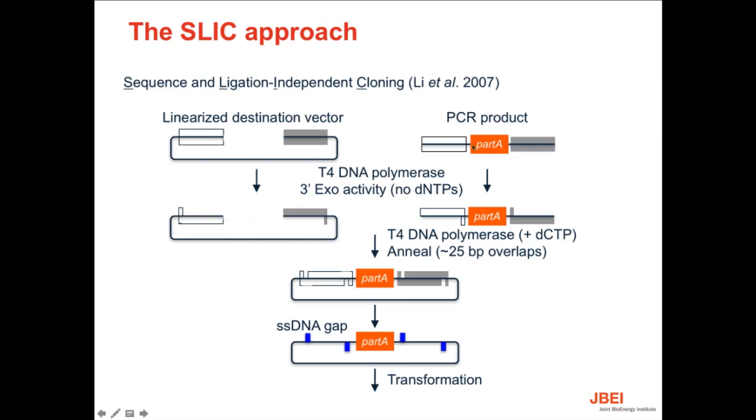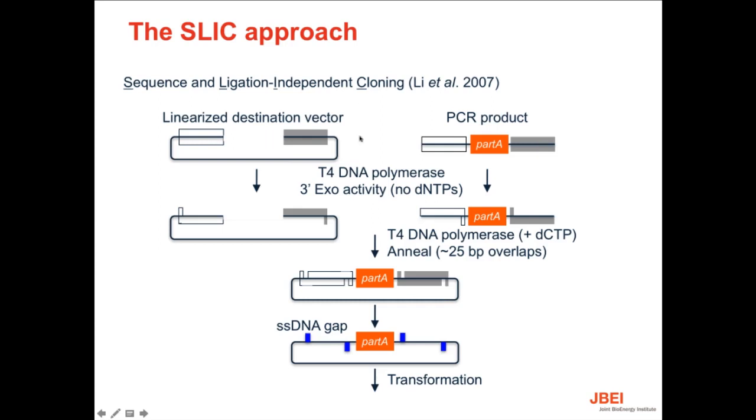And then you have a PCR product, or it could even be a synthetic piece of DNA that you could order directly from a company like GenScript. Shown in white are homologous sequences between the destination vector and the PCR product, and also in gray.